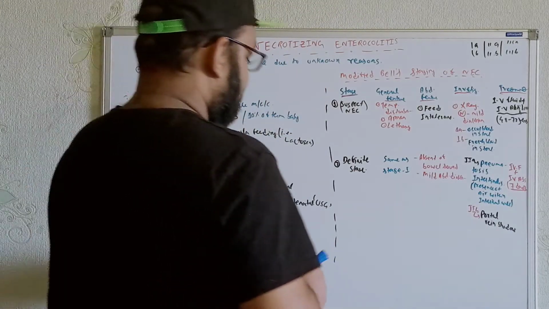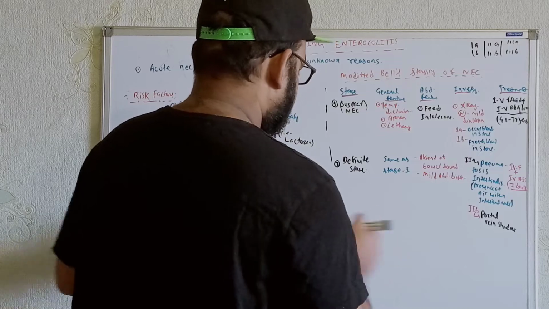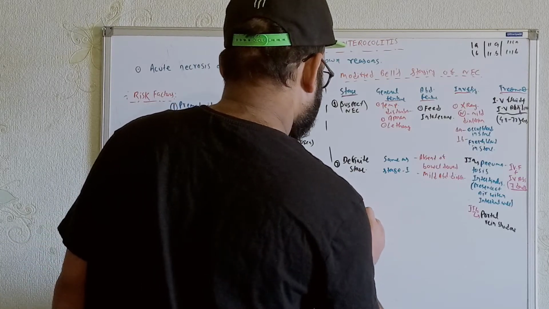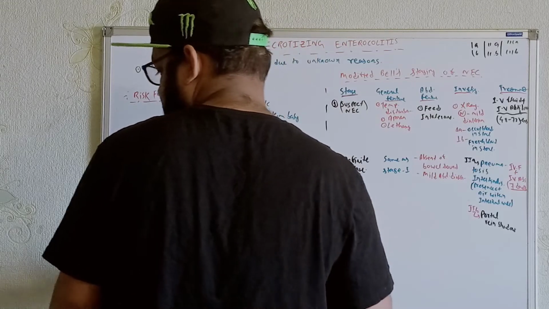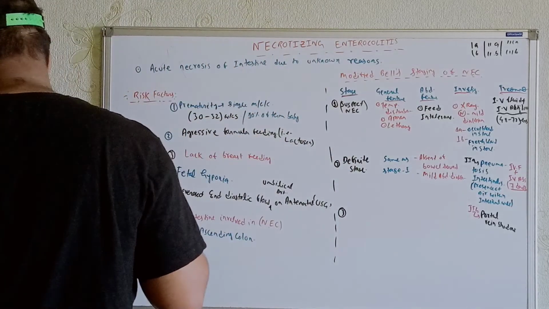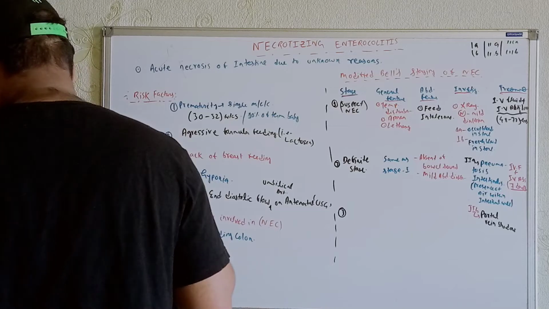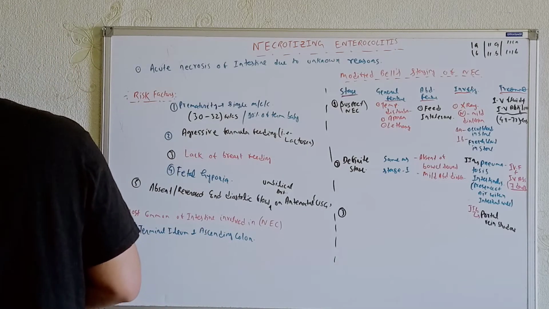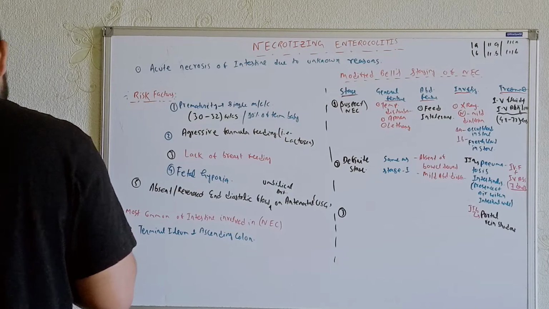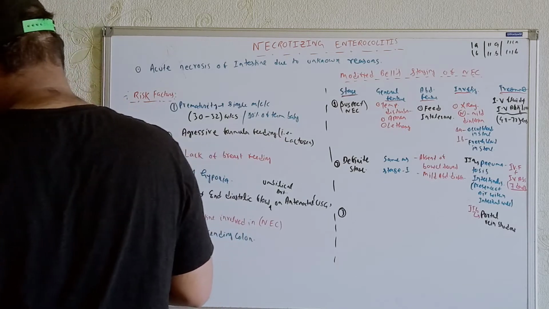Now we talk about the third stage, the most severe one. So whatever we get is the advanced stage, or you can say the severe stage. It's better to write advanced stage. You can write it over here. Let's use a different color for it.